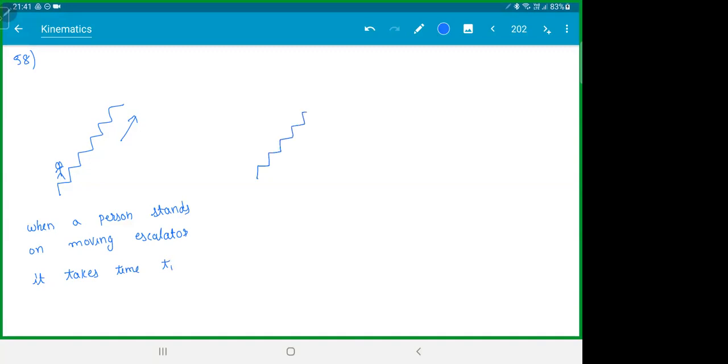And for some reason, let's say you went to the mall and escalator is at rest. Escalator is not working. So you decided to start walking. Man walks up and takes time t2.